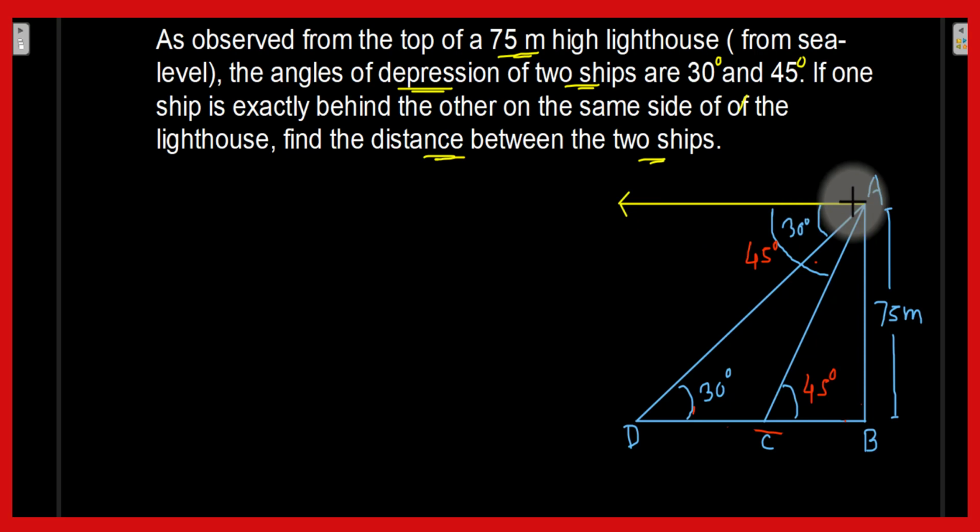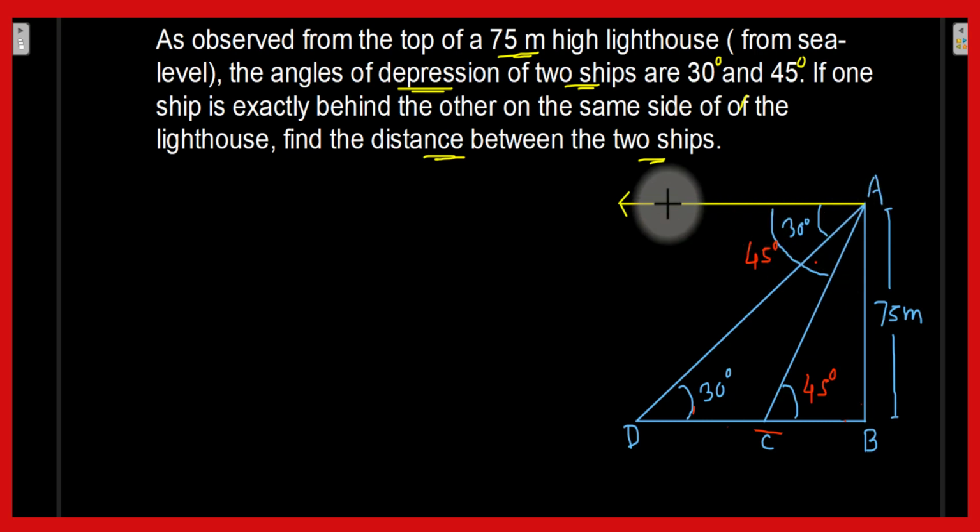This is the straight eyesight. When someone looks in a downward direction, the angle of depression is formed, and in this case that angle of depression is 30 degrees. When that person observes the C ship, then the angle of depression formed is 45 degrees. This is given in the question.